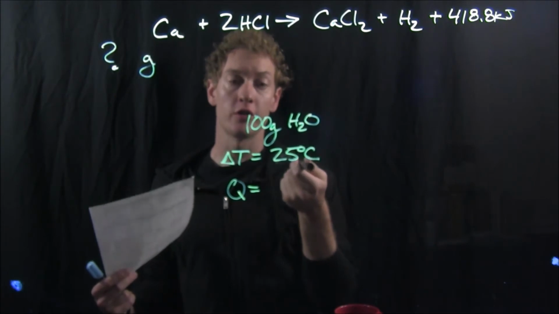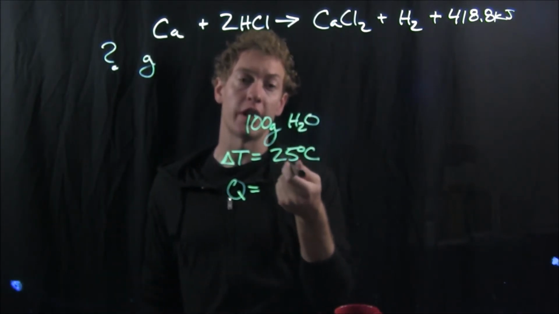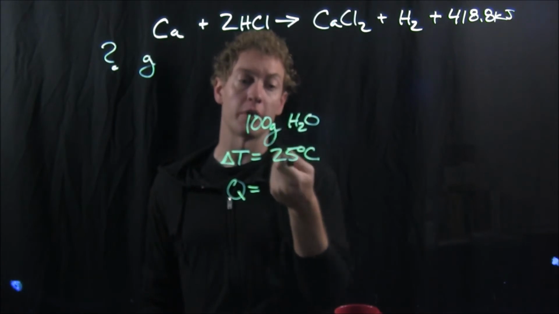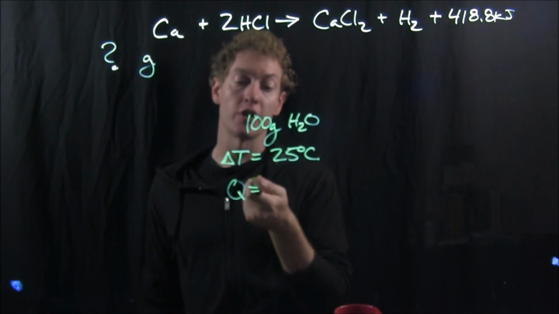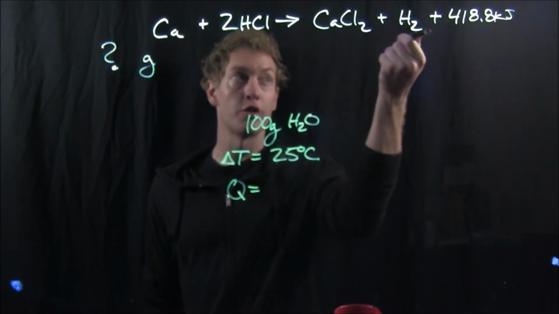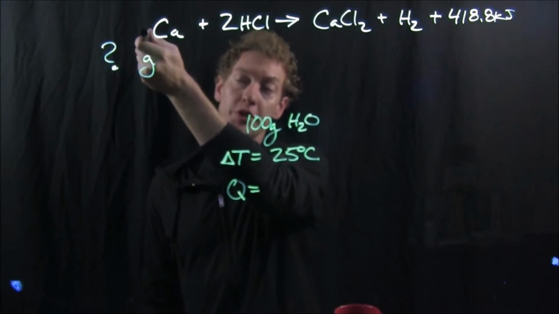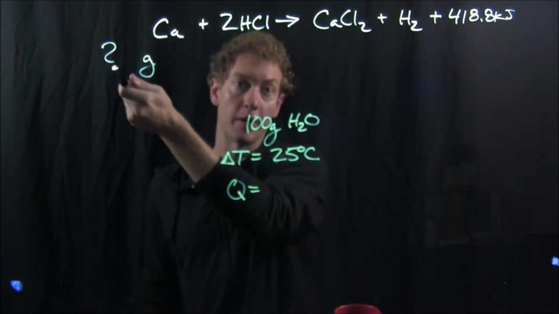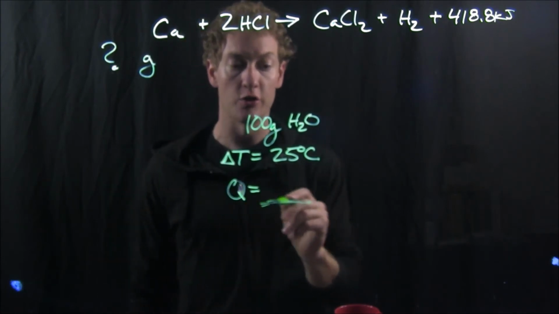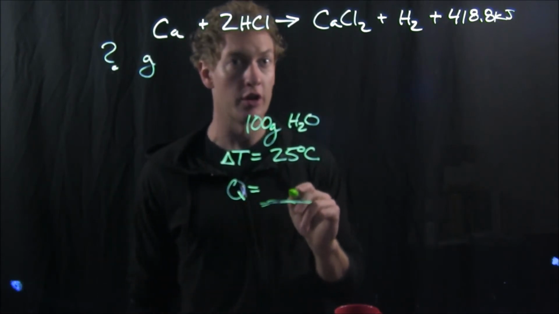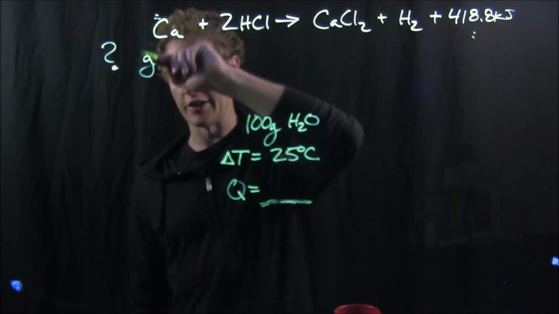If we have enough information to figure out how much energy it would take to raise 100 grams of water by 25 degrees Celsius, then I could find that amount of energy, relate that amount of energy to the reaction. Energy relates to moles of calcium relates to grams of calcium. So I think that's my way to do it. I gotta find Q, involved in heating up the water, Q to energy, energy to moles of calcium to grams of calcium.